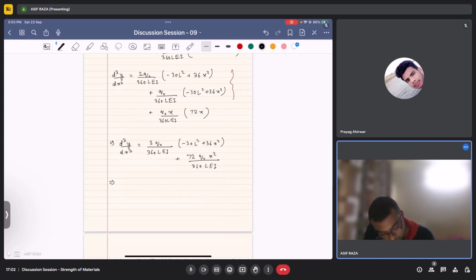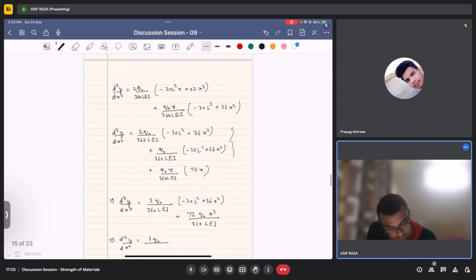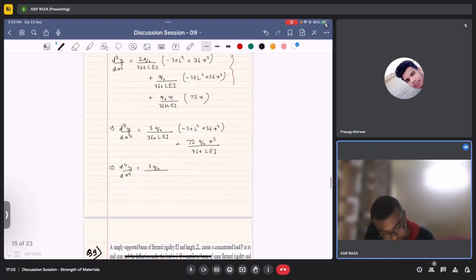Now finally the fourth derivative, d4y by dx to the power 4. This would be equal to 3 Q naught by 360 LEI times 72x, plus 72 times 2, that would be 144 Q naught x by 360 LEI.